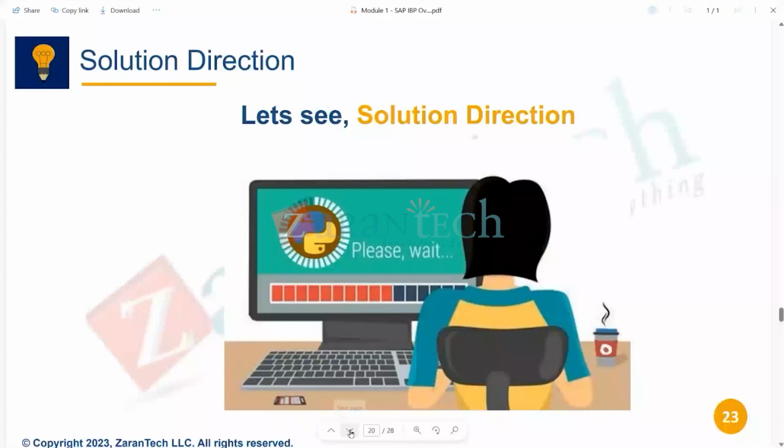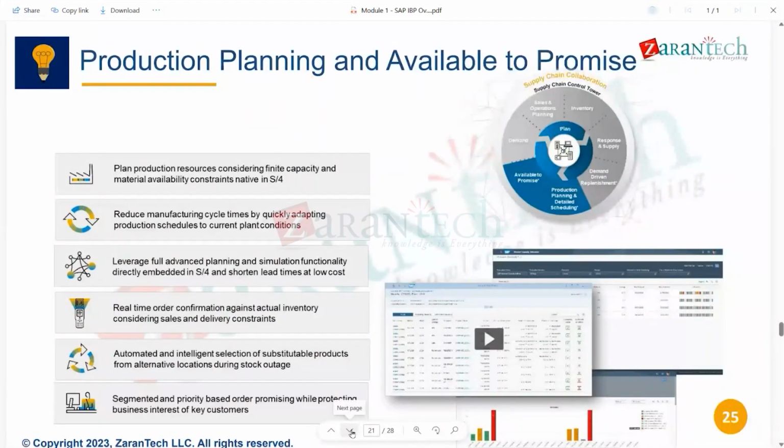Then segmented and priority based orders. Segmentation is nothing but either the ABC analysis or the 9-box analysis. So these are called segmentation, and segmentation is extremely important. Once the products and the customers are segmented, then the service level to the customer and the information and other facilities provided to the customer may vary based on the segmentation.